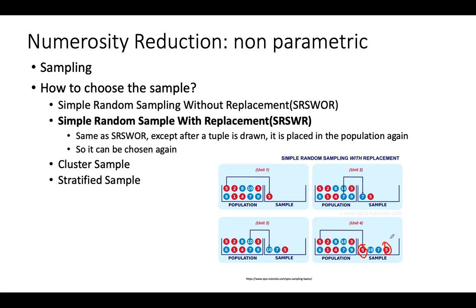There's a high chance that we can repeat a chosen sample. There's no guarantee; in some cases, we can end up picking 5 every time. In the real world, this might not be a very common approach.